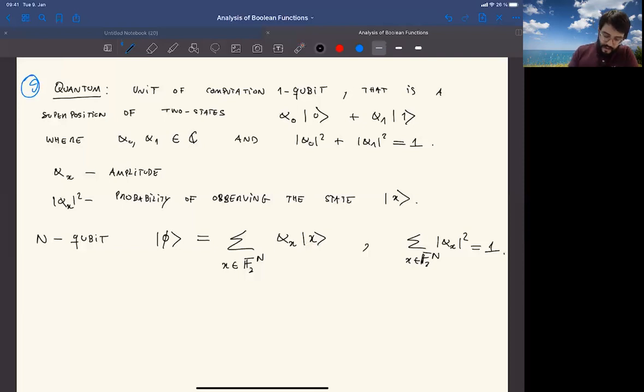And then we have these things. So if we measure the phi, we see x, again, as I say, we see x with probability alpha x squared.